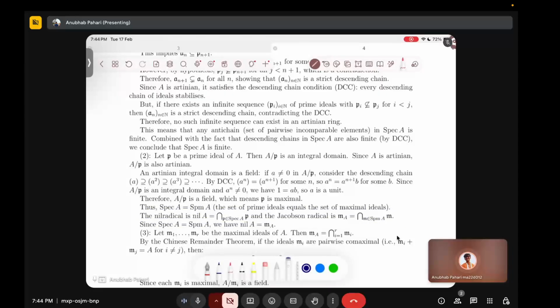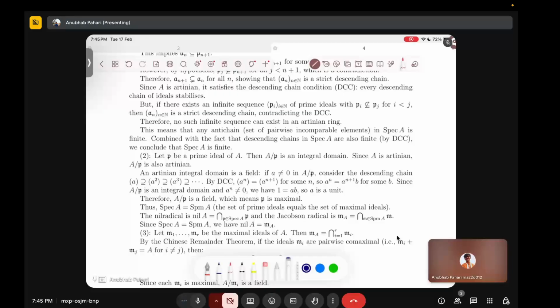Okay, let P be a prime ideal of A, and then A mod P is an integral domain, and since A is Artinian, A mod P is also Artinian, and an Artinian integral domain is a field. It is a standard theorem. If a is not equal to 0 in A mod P, consider the descending chain. By the descending chain condition, a to the power n should equal a to the power n plus 1 for some n. Then a to the power n equals a to the power n plus 1 times b for some b.